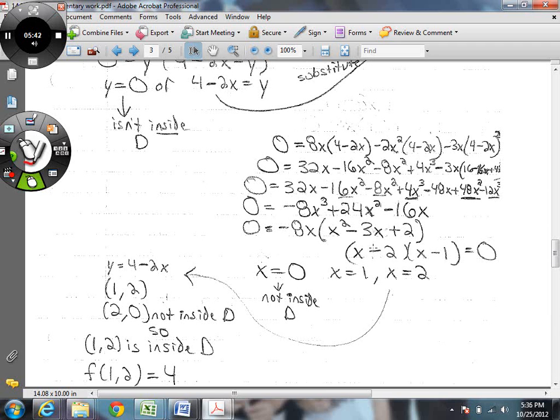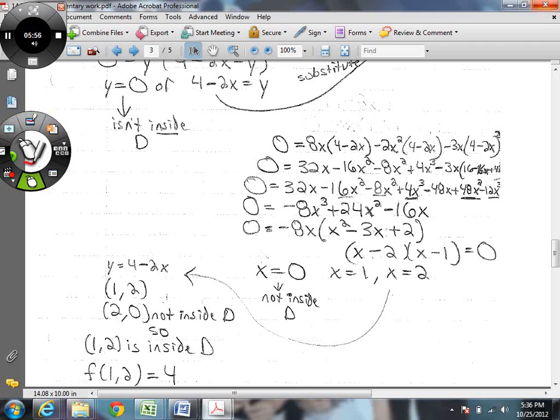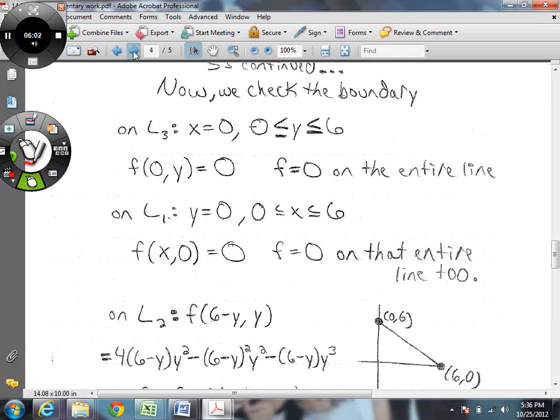So the only one we're going to check right now on the inside is 1, 2, and f of 1, 2 is 4. Right there. Alright, so we're good on the inside ones. Now we get to check the boundaries, and that's the super duper fun part. So now we check the boundaries, which are lines.